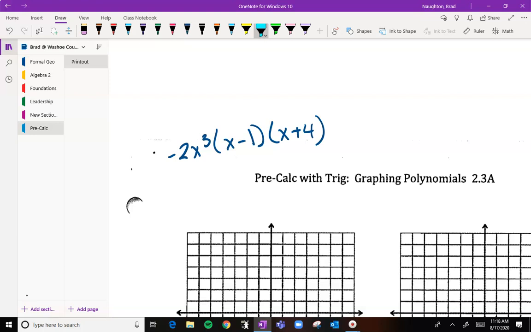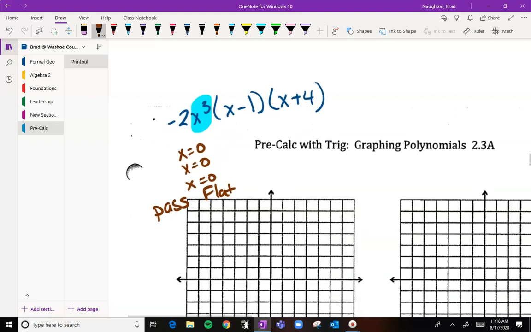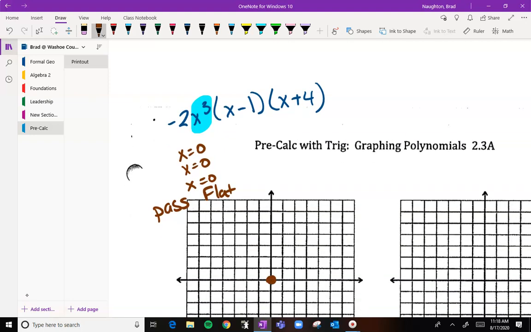All right. So 3 zeros, so we're going to have a multiplicity of 3. I'll use a different color. I'm going to have 3x equals zeros. Again, multiplicity means it's going to be 3, so it's going to pass through and it's going to be flat. So at 0, pass through and flat.